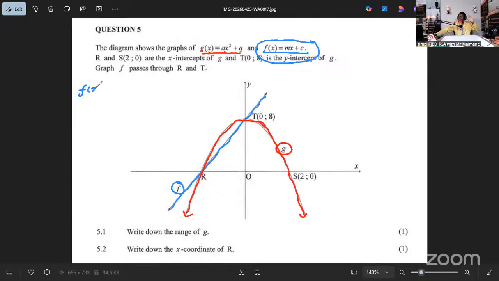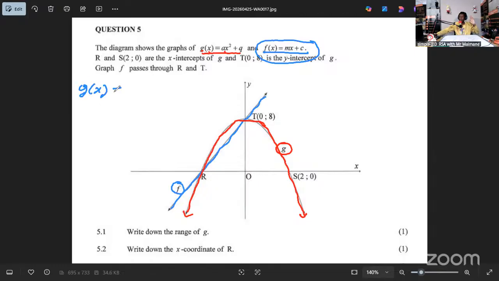I'm talking about g of x. Sorry, let me scrap that. g of x is in the shape of a quadratic function.